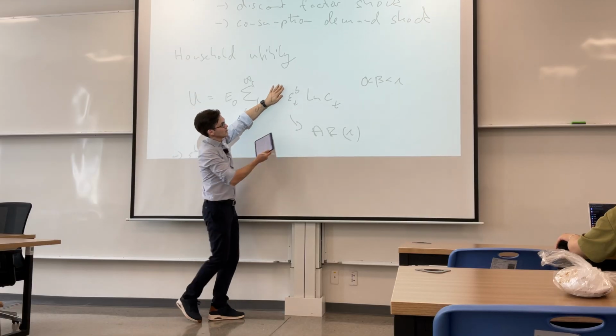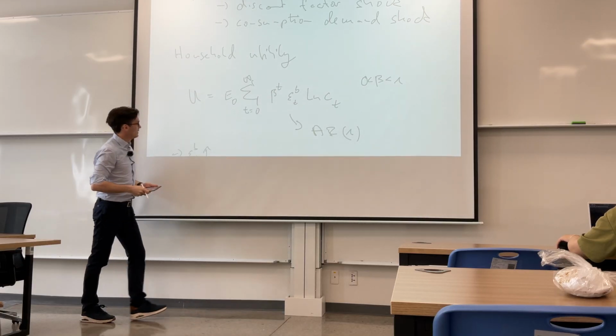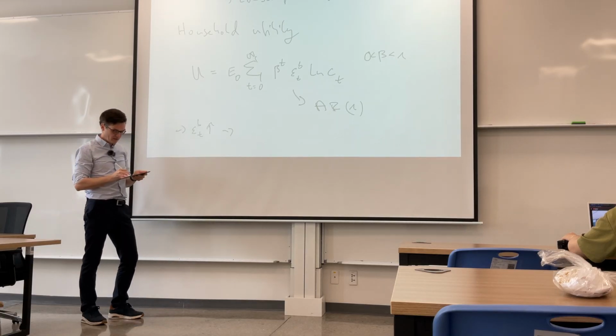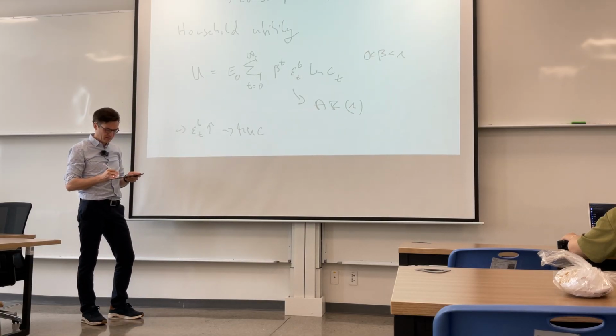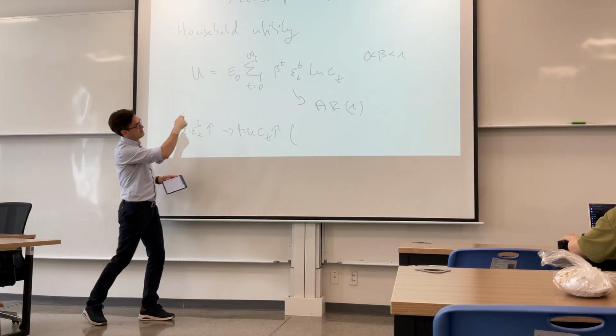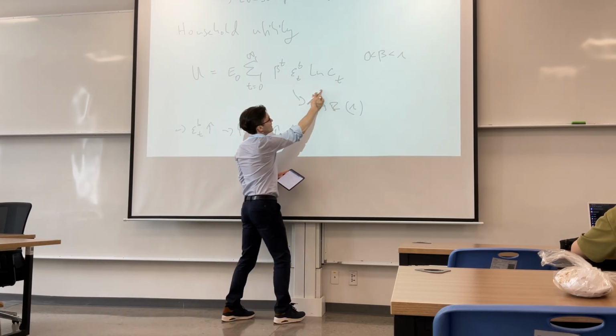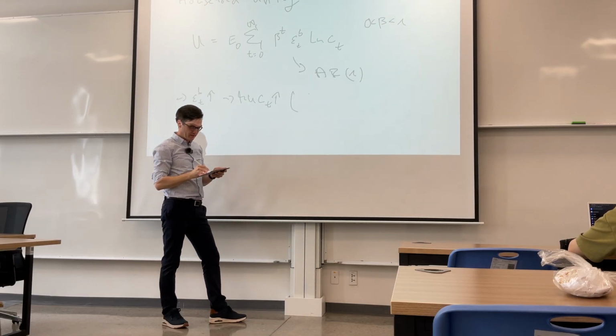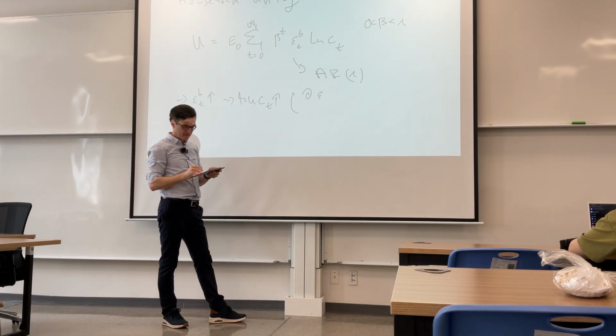So for now let's just look at this term. When epsilon B goes up, the marginal utility of consumption goes up. What is this? It is the derivative of this object with respect to C_T, the derivative of epsilon B,T times the logarithm of C_T with respect to C_T.